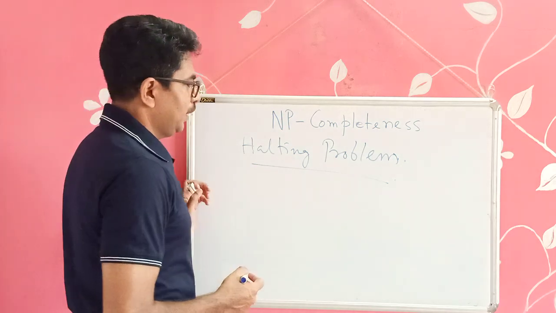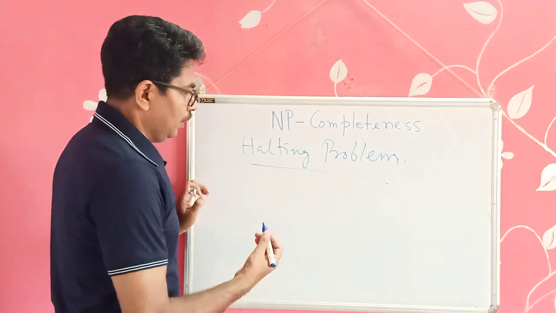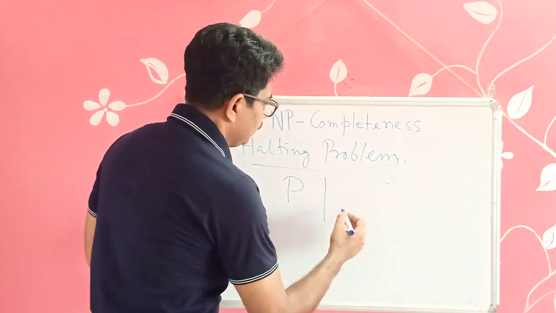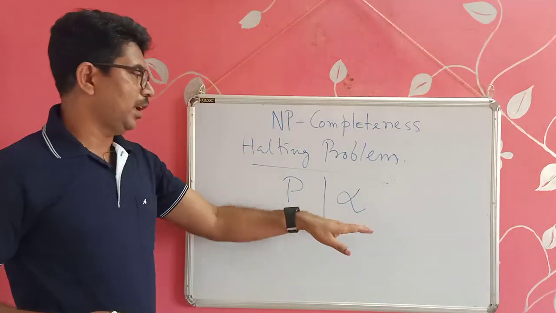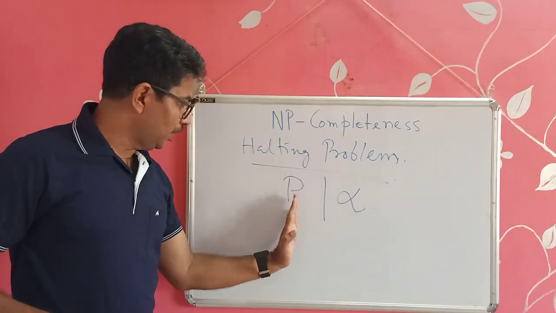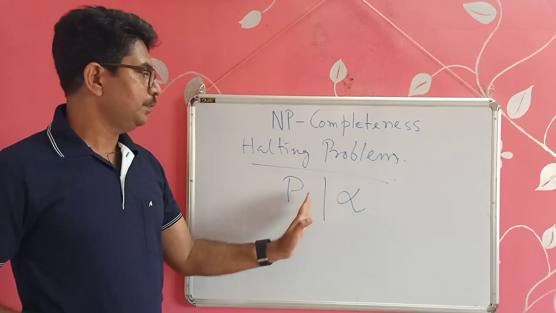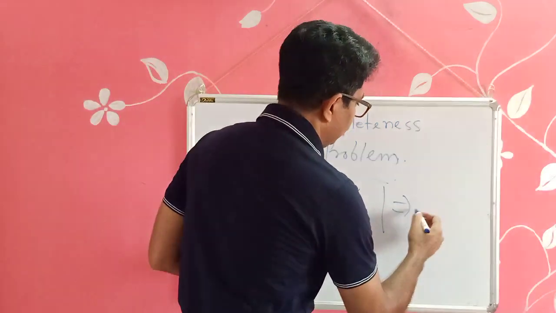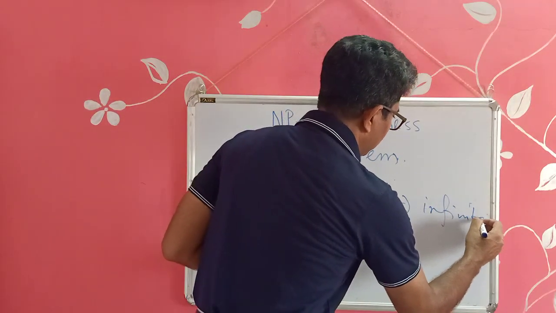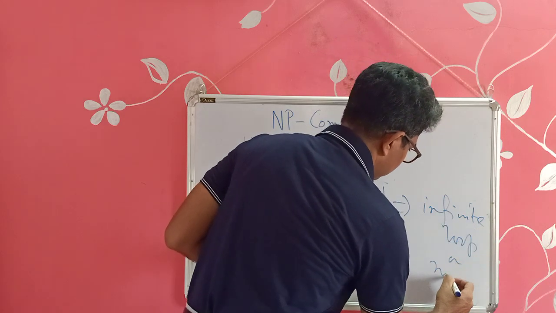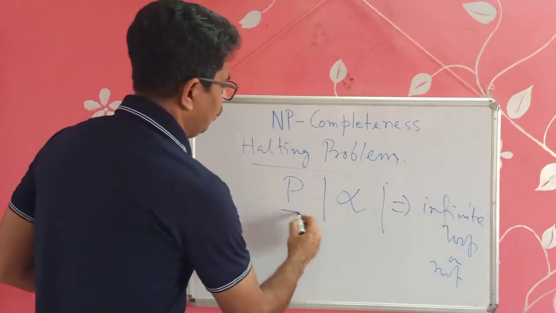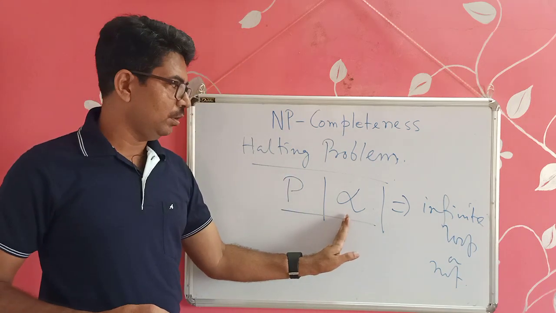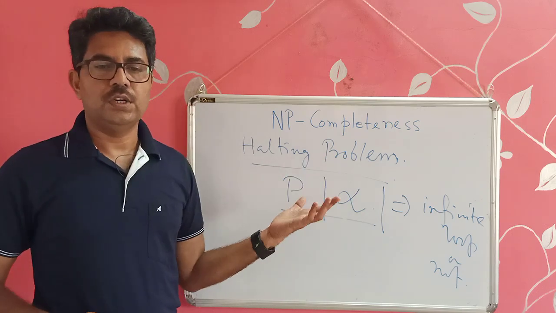The halting problem says: is it possible to say, for a given program P with a set of inputs, say instance alpha, whether it will go into an infinite loop or not? That means whether the program will halt for the instance alpha or not. This is the famous halting problem.